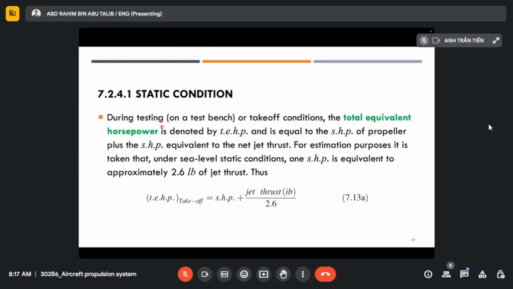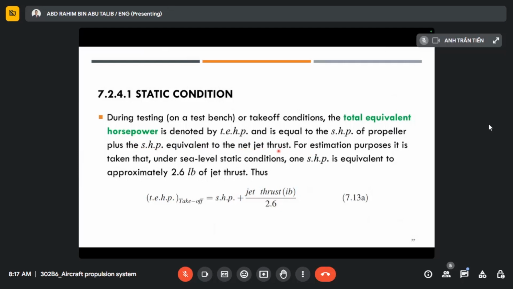So during the testing or takeoff condition, the total equivalent horsepower, which we call TEHP, is equal to the SHP of the propeller plus the SHP equivalent to the net thrust.